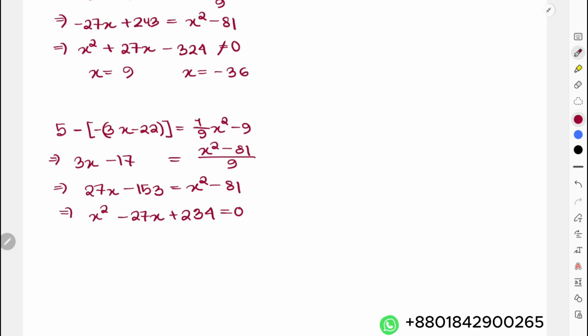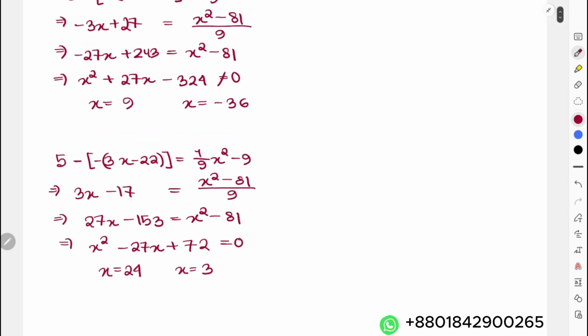You take this to the other hand side, you get 81 and 153, and minus 81 plus 153 is going to give you plus 72. And now if you do this factorization, 1, minus 27, 72, then from here you are going to get x equals 24, and the other value is going to be x equals 3.